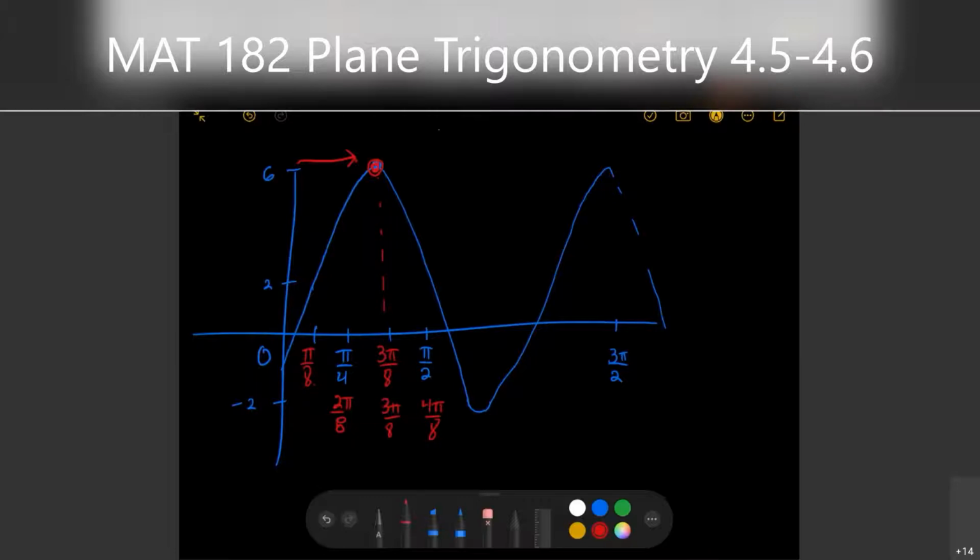So, Professor, to find the phase shift, you want to find the first peak or trough, I guess? Yeah, so in this case, we'd be finding the first cosine peak. The cosine starts at that amplitude.